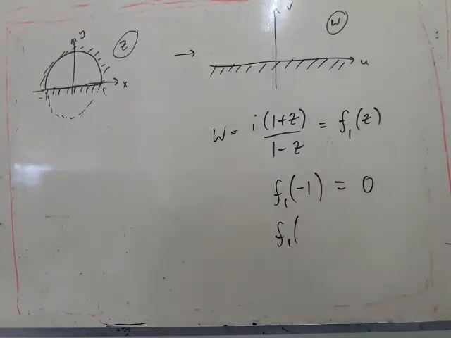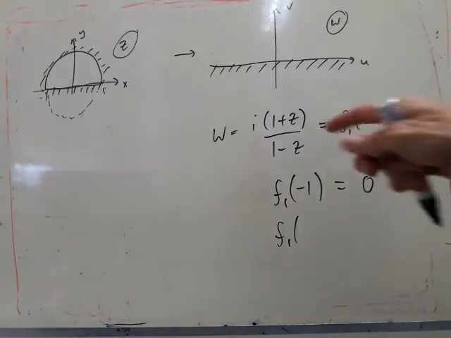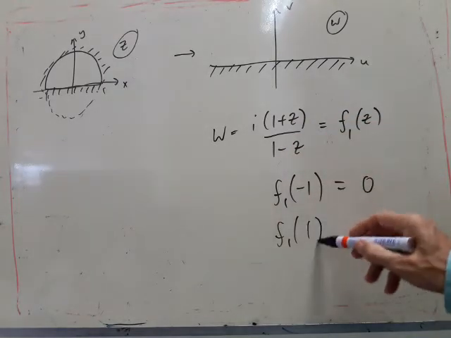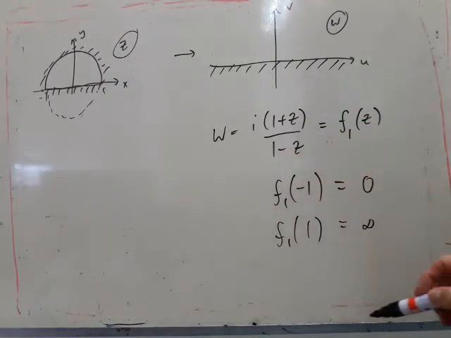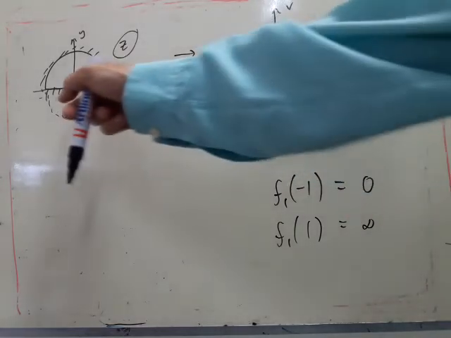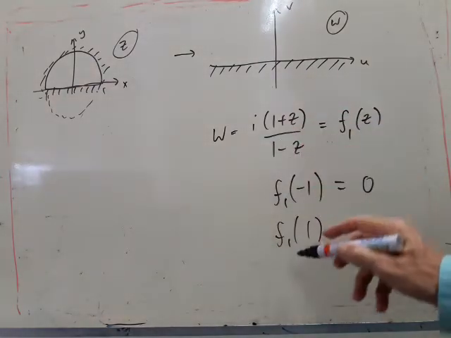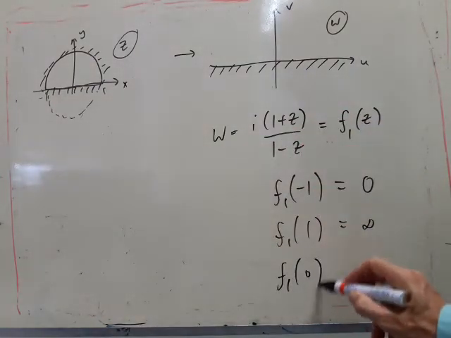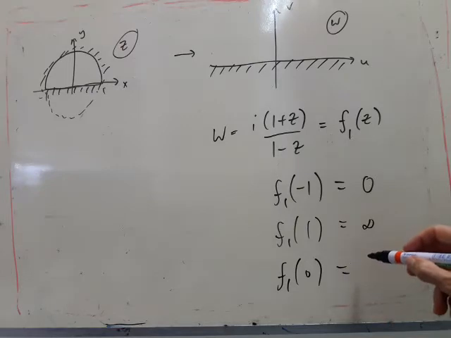F1 of 1 goes to infinity, and F1 of 0 goes to i.